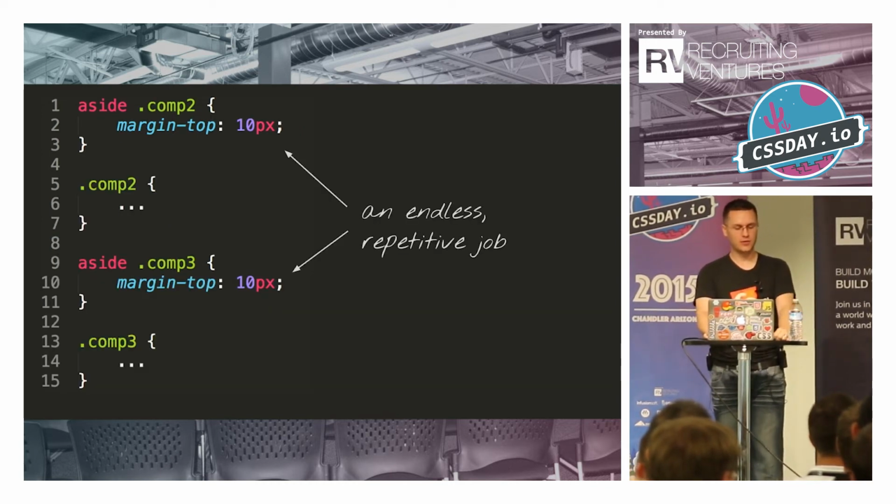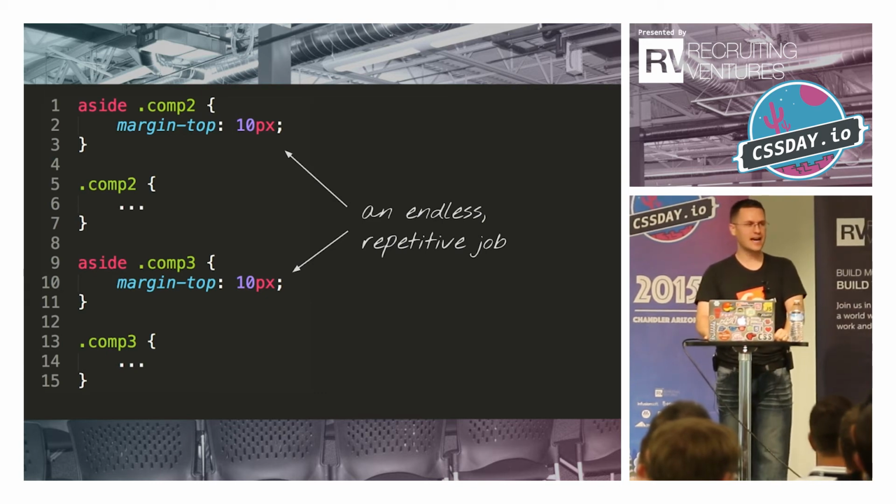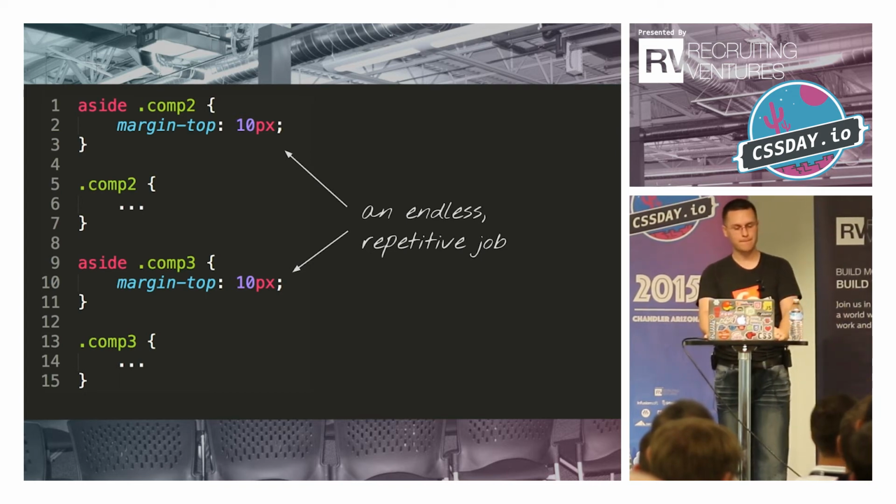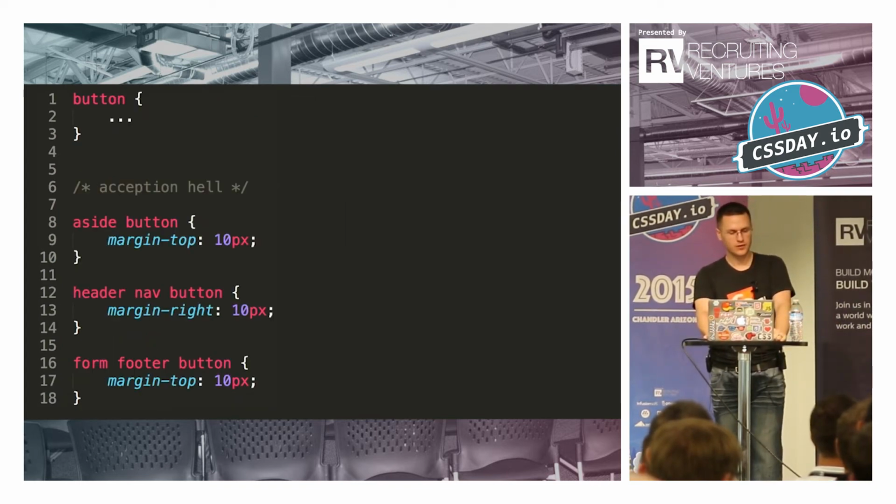But this leads to this problem right here, an endless task: every single time you move around components into new layout sections, you always have to go and write up all the CSS to give them their top margin in that context. And this has been shown to be somewhat of an anti-pattern, to design your components and then to contextualize them into a certain layout by giving them margin top. Okay? All right.